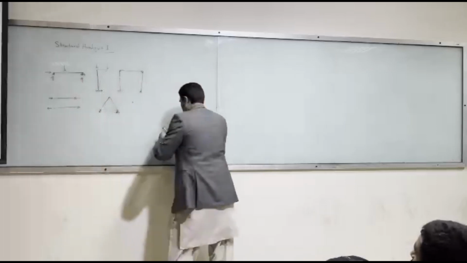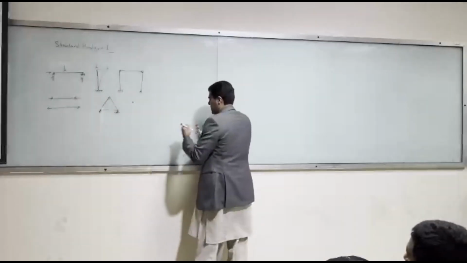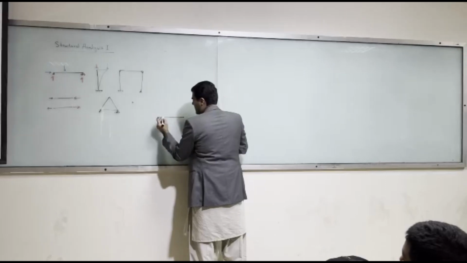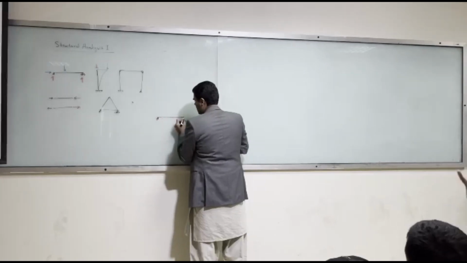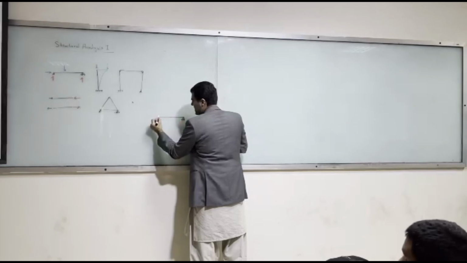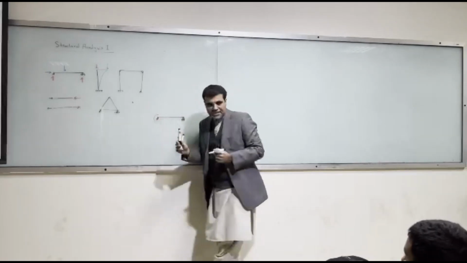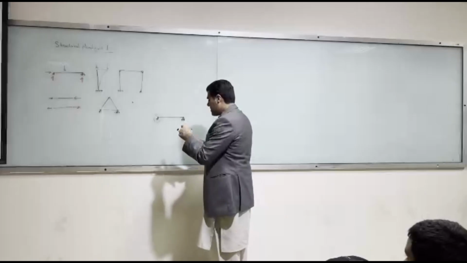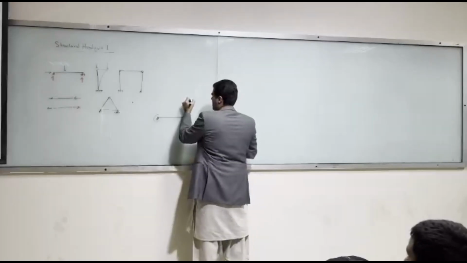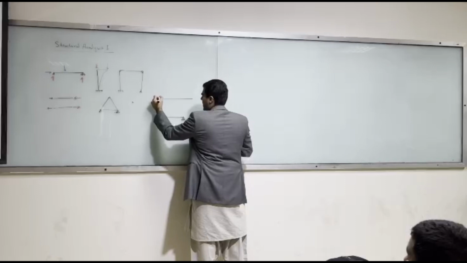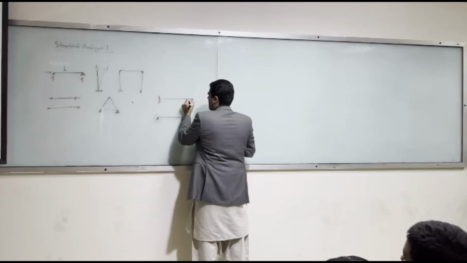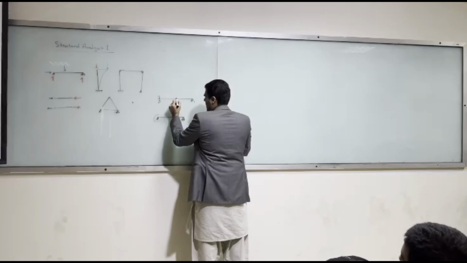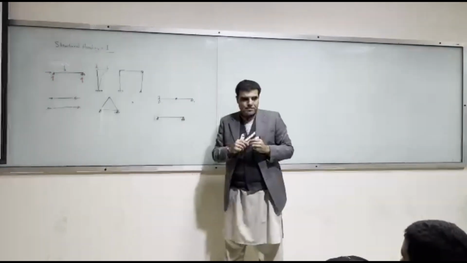So, in other words, if you have a beam, this is a pin connection, and that's an external pin, and you can have a structure where you might have an internal pin.